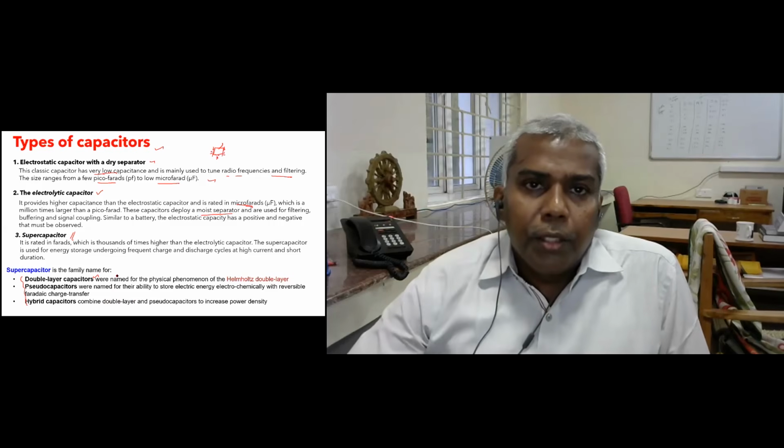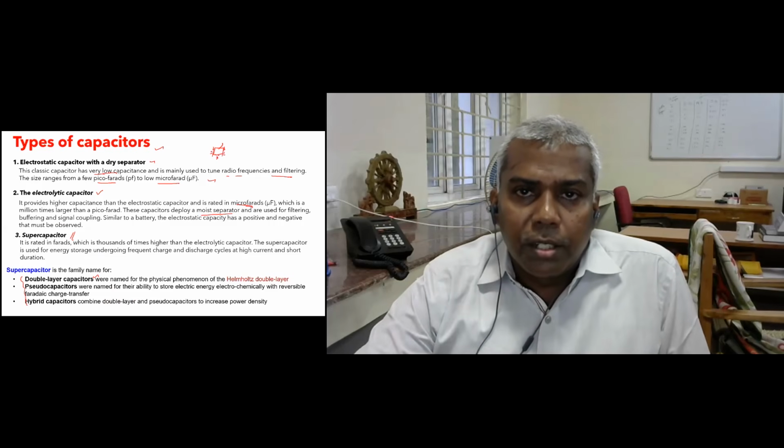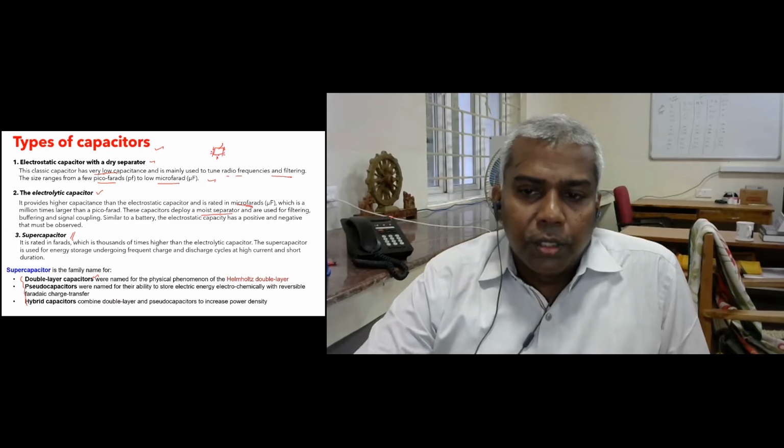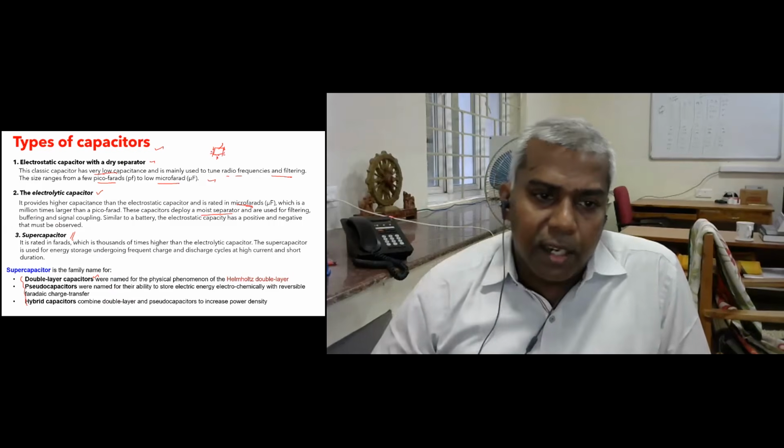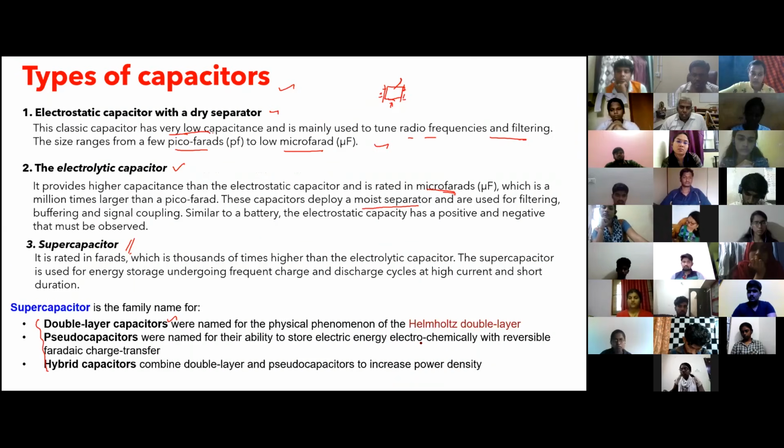Here you store energy using electrochemical energy, and the reactions can be reversed, so charging and discharging can be done. The double layer capacitor is also called an ultracapacitor, or double layer ultracapacitor.